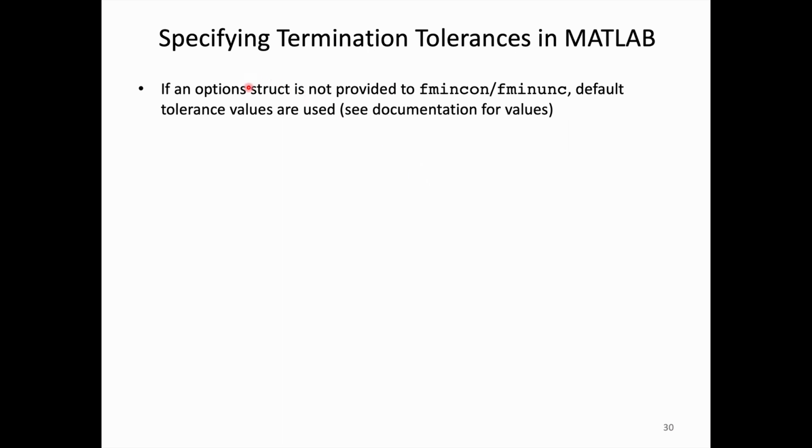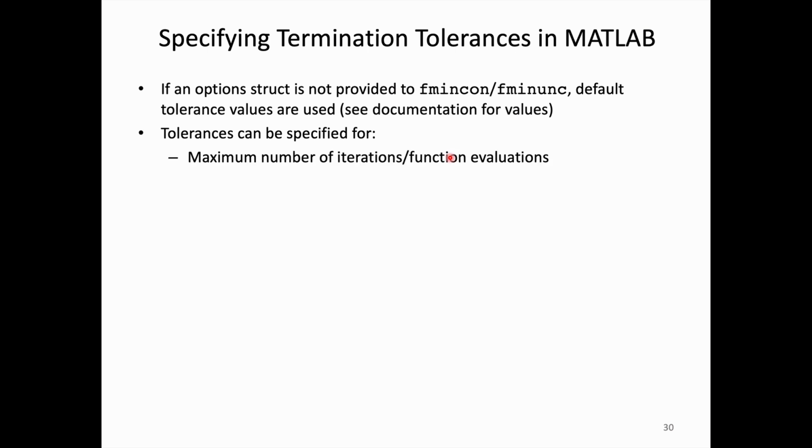If you don't provide your own updated options struct to methods or functions like fmincon or fminunc, then Matlab will specify default tolerance values. And if you want to see what those are, you can go to the Matlab documentation, especially go to optimset, for example, and see what the different available fields are for the different functions like fmincon and fminunc. We can specify tolerances for a wide number of things.